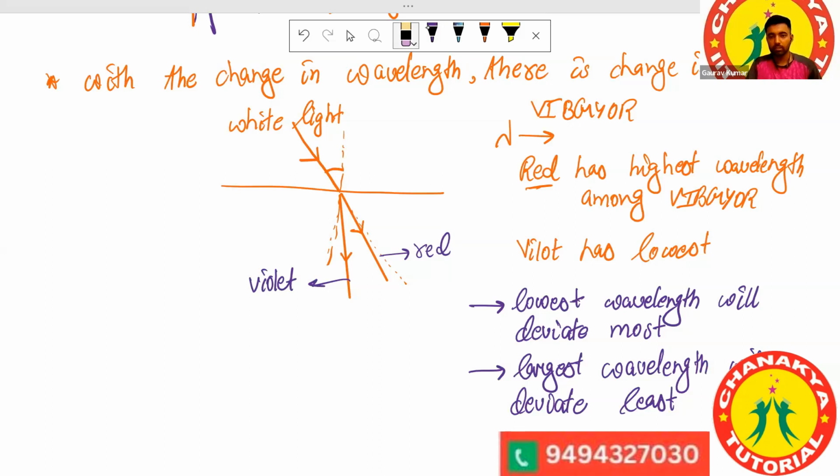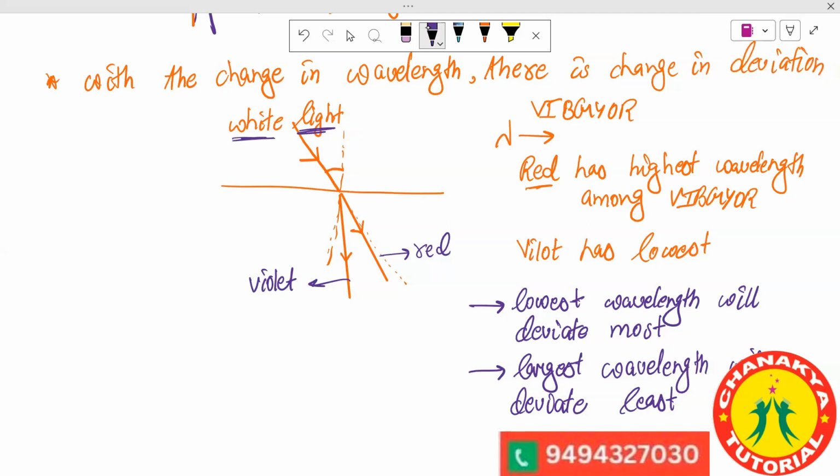So a white light was coming and passed through a medium. Tell me, what is the medium we are studying right now? Water droplet. Very good.